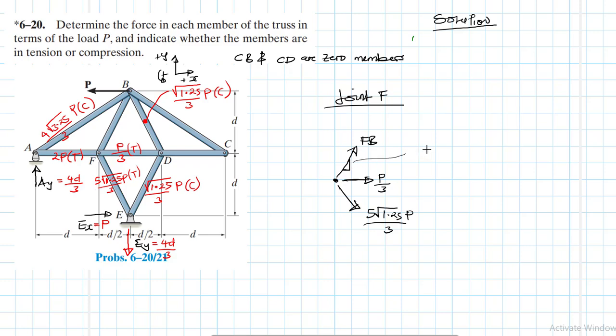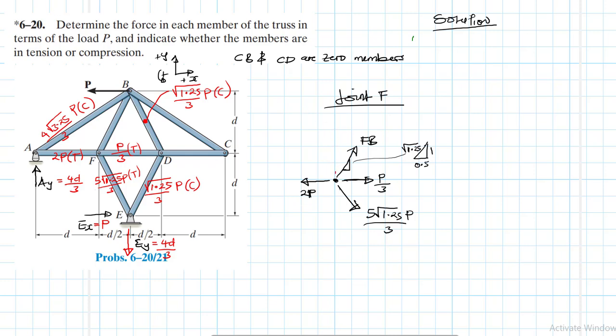Okay, and that slope, we already know it. That slope is 0.5 over root of 1.25. And then what else do we have? We have another tension force this side, which is 2P. Right.